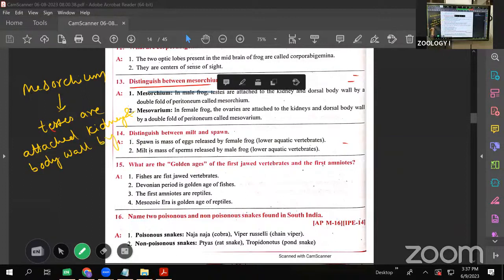Mention it, the peritoneum. The peritoneum is called the mesorchium. Here, mesorchium means this one.